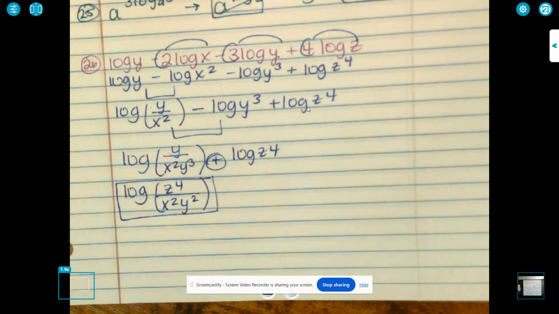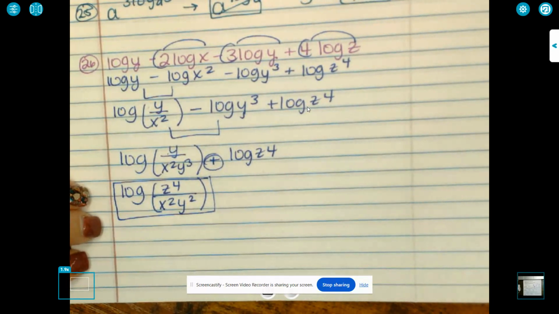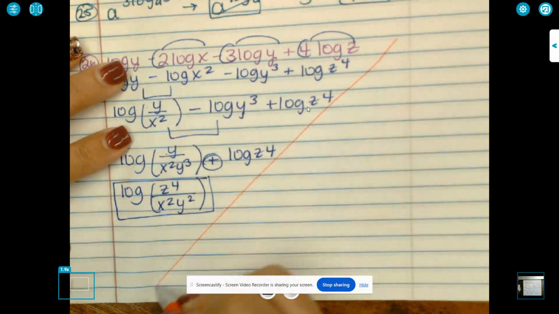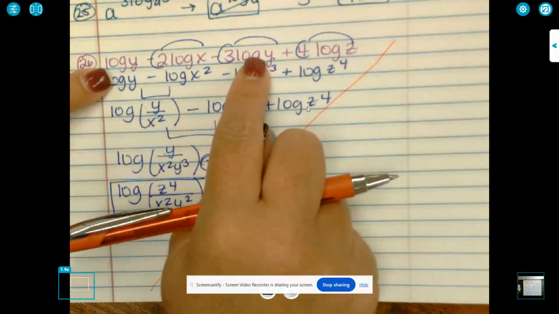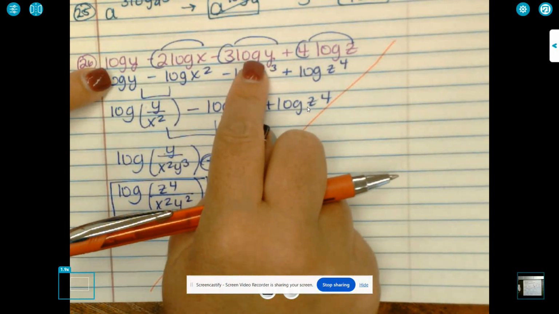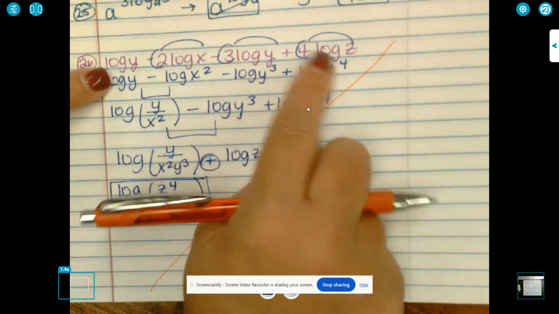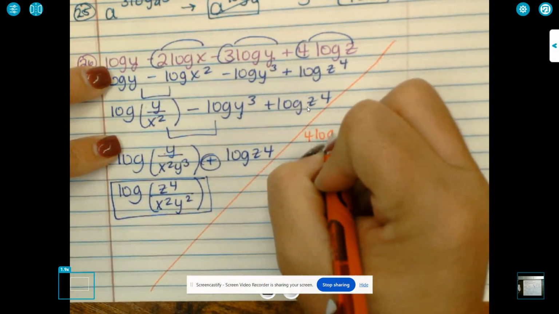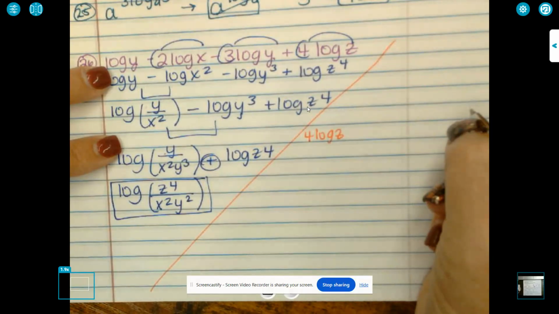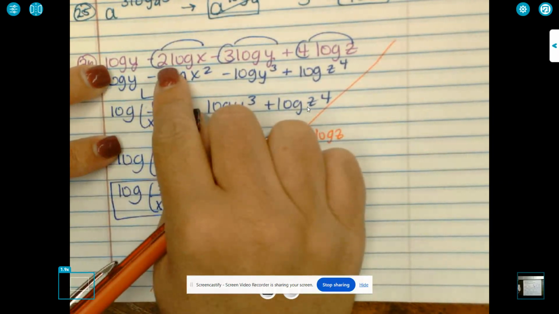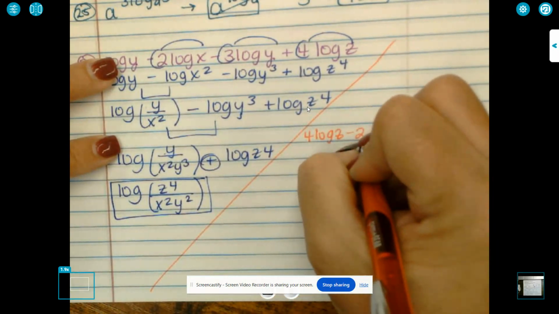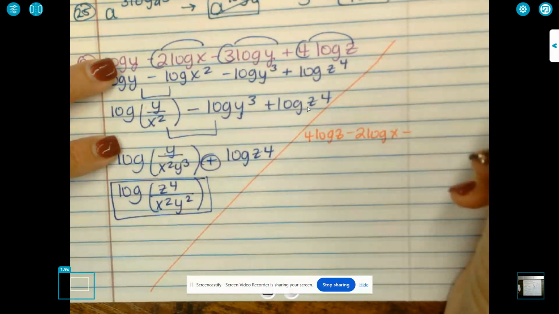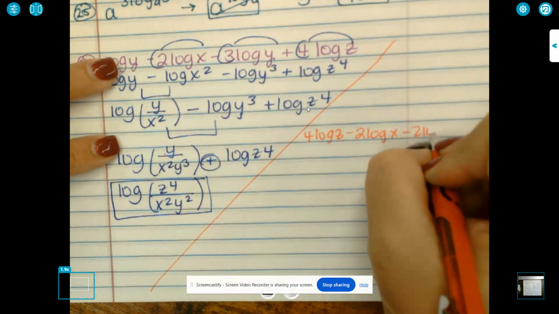But let me just show you one way real quick. So here's what I was saying. Let's say we did log y minus 3 log y and got negative 2 log y. I'm just going to rewrite it. I'm going to pull the 4 log z to the front. Then I'll do minus 2 log x next, and then minus 2 log y.